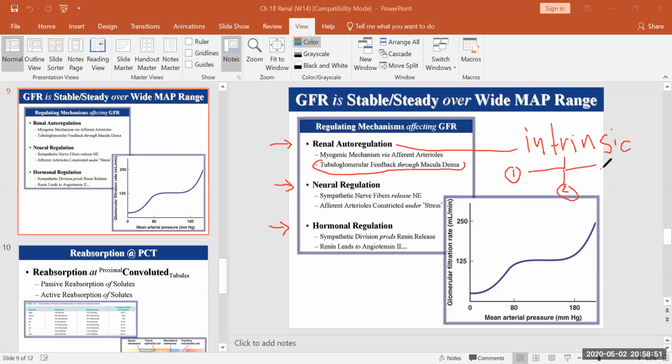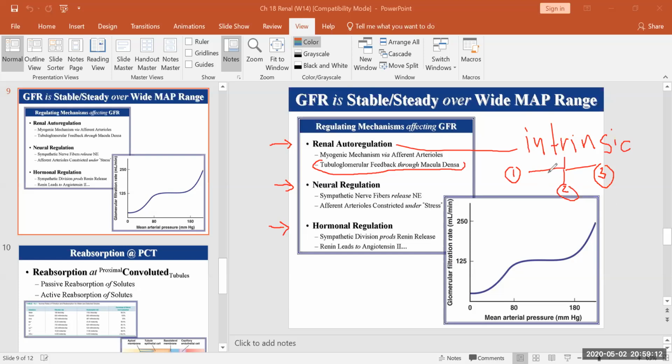And the third one is those same mesangial cells that I mentioned. They act like a precapillary sphincter. They constrict, therefore decreasing blood flow through the glomerulus, allowing the kidneys to maintain a constant GFR.